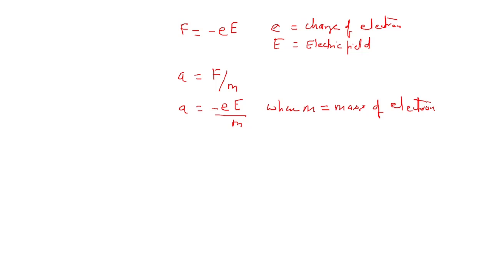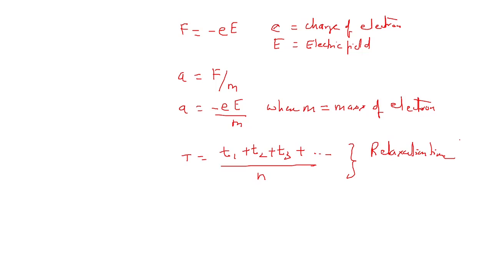Now the average time between two consecutive collisions is known as the relaxation time of electrons, and it can be given as tau is equal to T1 plus T2 plus T3 plus dot dot dot upon n. This is the relaxation time.